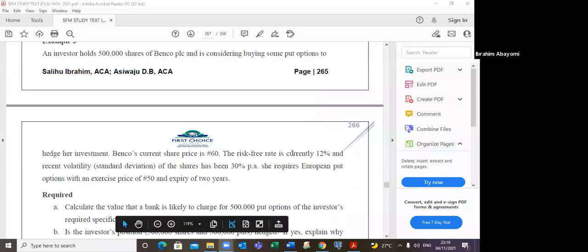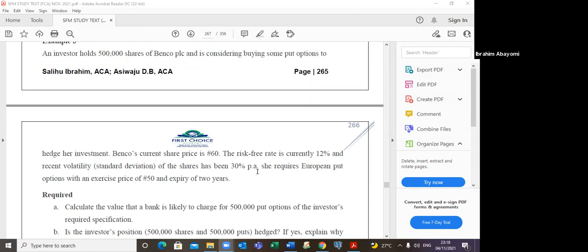Let's continue. Benko's current share price is 16 naira. The risk-free rate is currently 12%, and recent volatility, which is the standard deviation of the shares, has been 30% per annum.